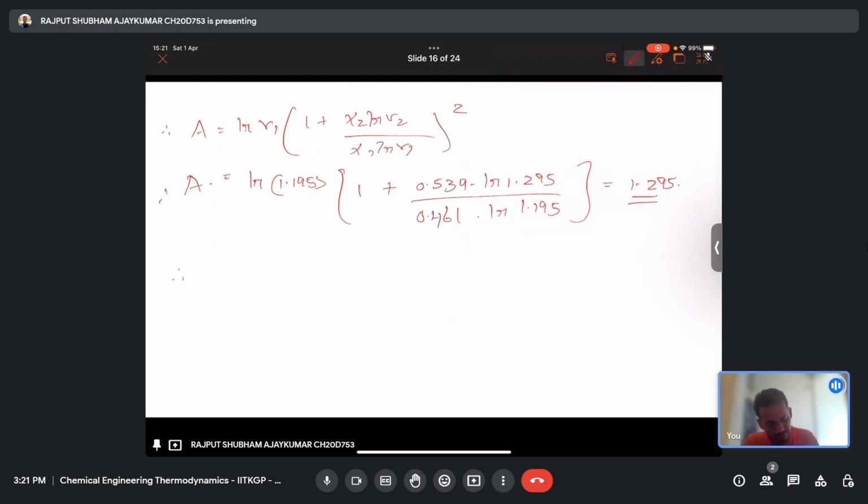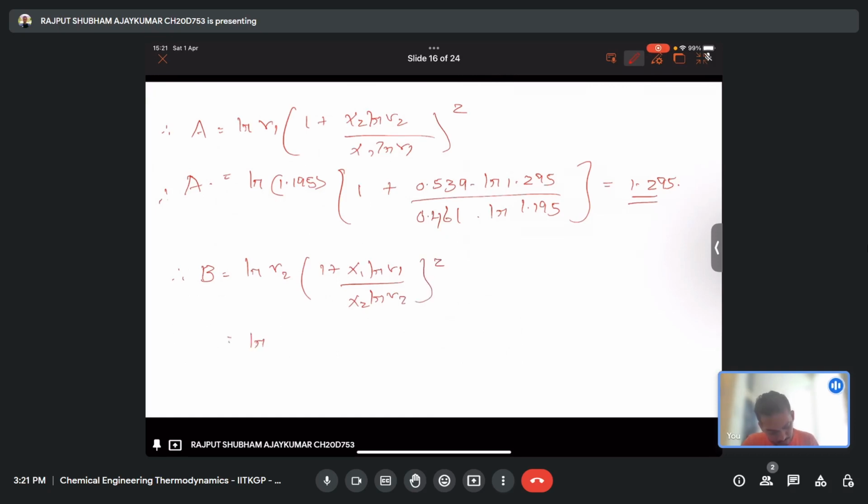Similarly, we will find the Van Laar constant B, that is ln gamma 2 times 1 plus x1 ln gamma 1 over x2 ln gamma 2, whole squared.